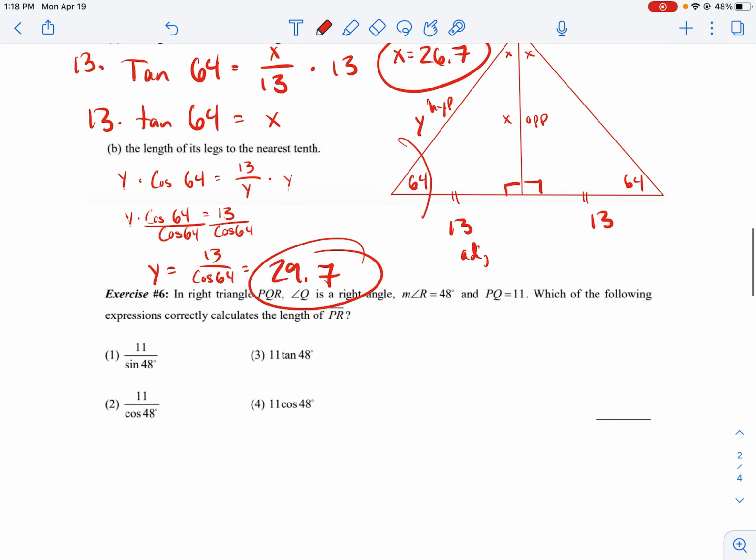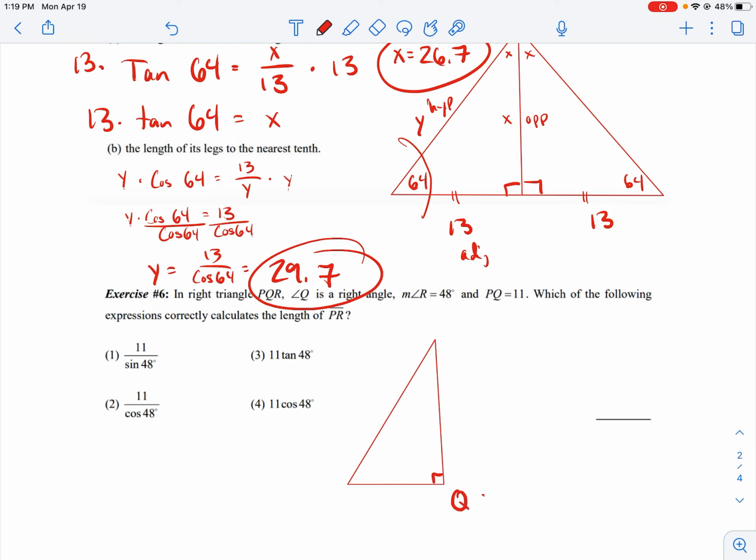Okay, and then the right triangle PQR, let's draw it in here. There's our right triangle.